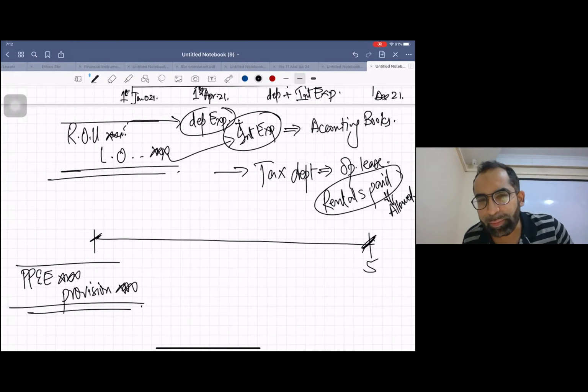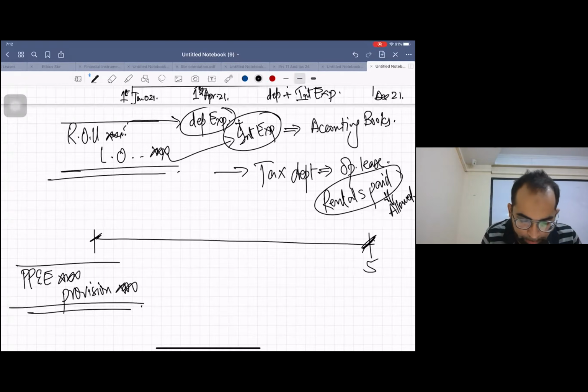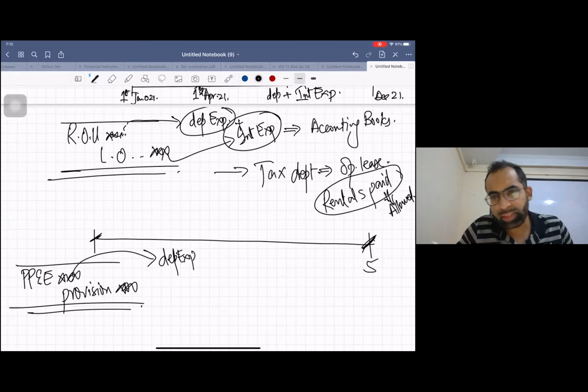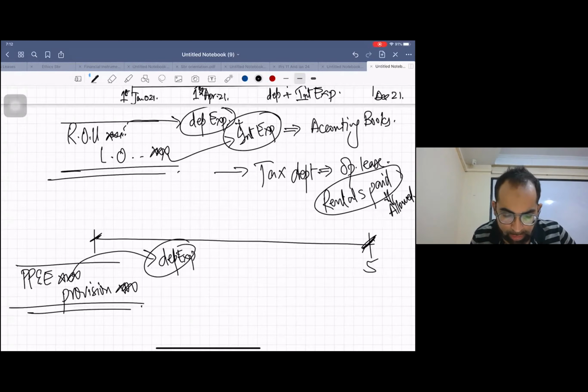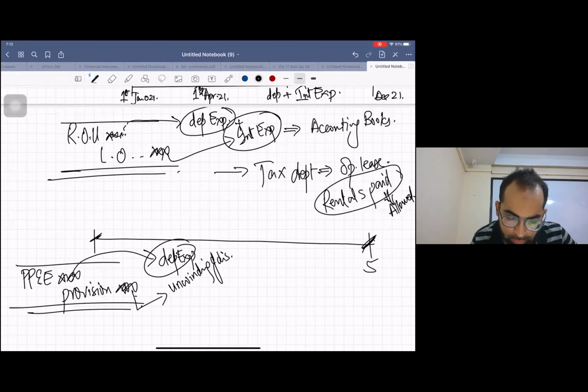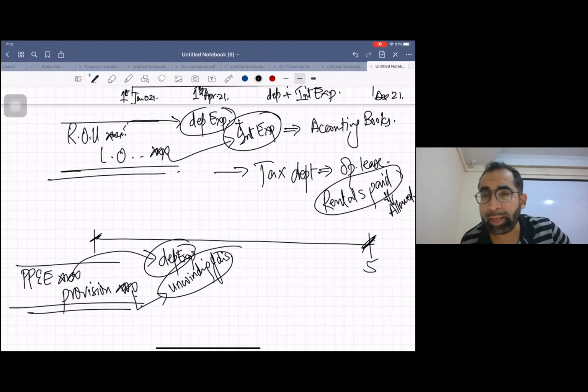Now, in accounting books, we book depreciation expense right from day one, the day we start using the asset. We book depreciation expense for this PPE, and we book interest, or what we call unwinding of discount, for this provision liability, because we have done discounting.